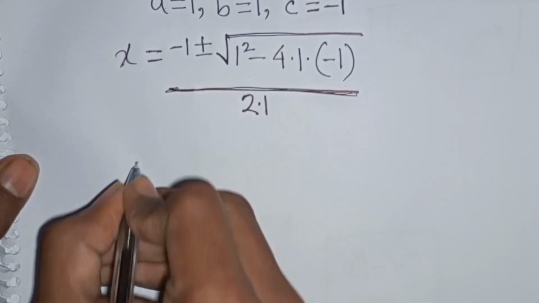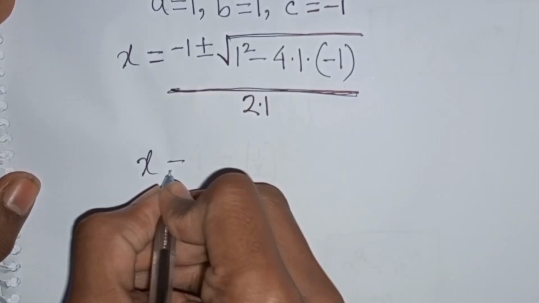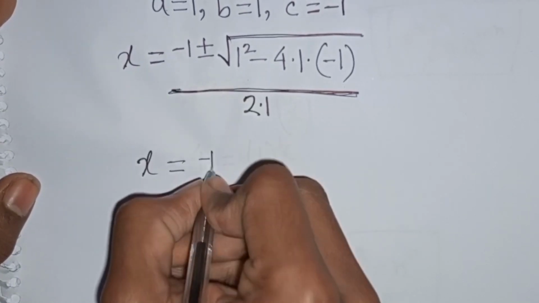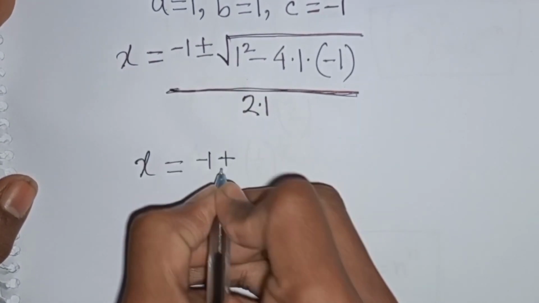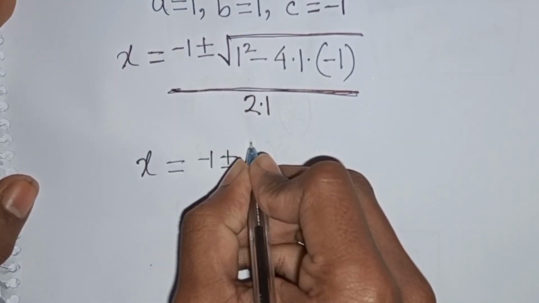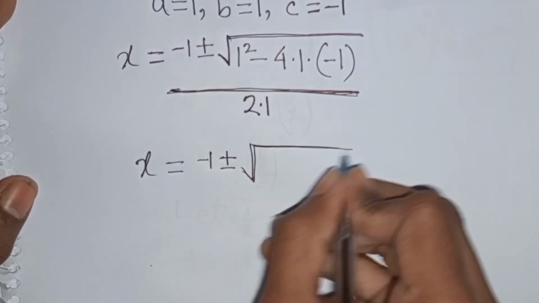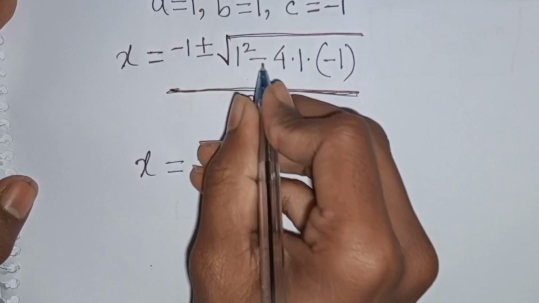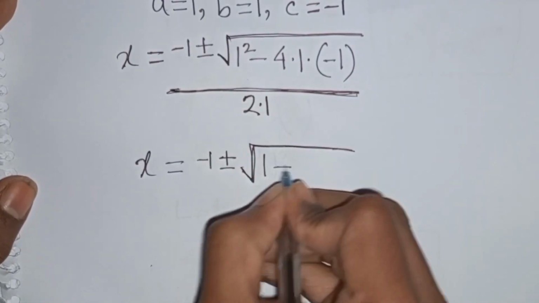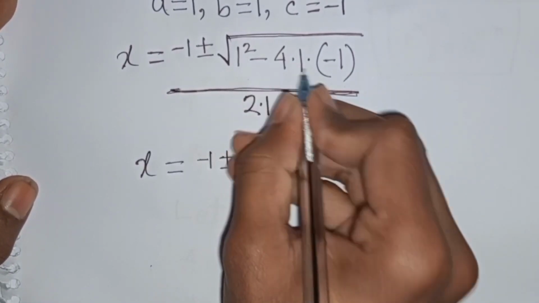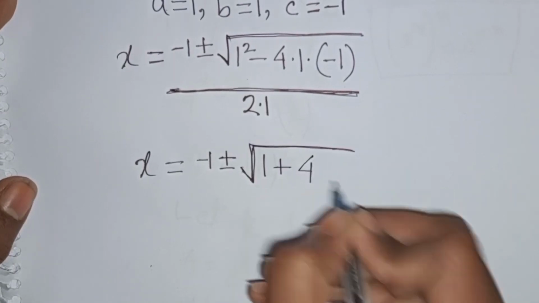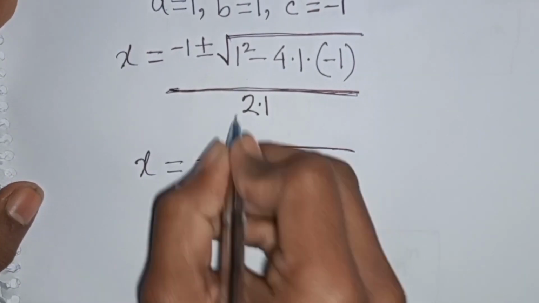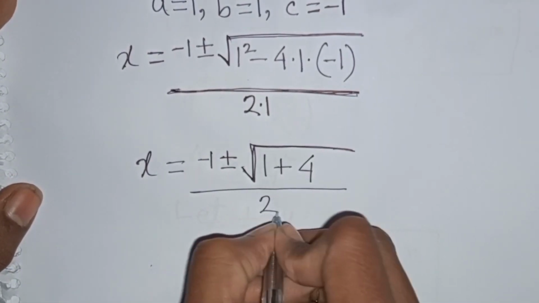Now we can write x is equal to minus 1 plus or minus square root of 1 square, which is 1, then minus times minus is plus 4 times 1 times 1, that means 4, divided by 2 times 1, that means 2.